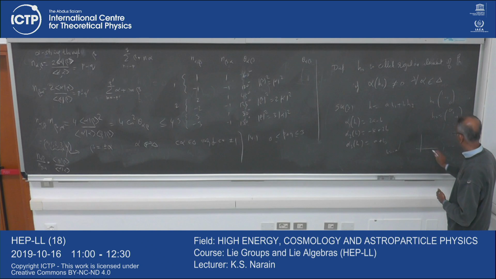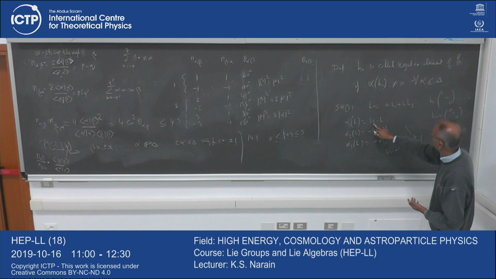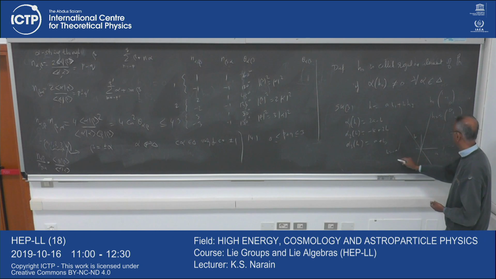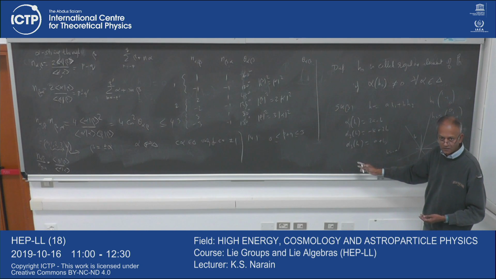If I draw A and B here, B equal to minus A is just one line here. B equal to 2A will be some line here, or A equal to 2B will be some line here. So only along these lines is one of the alphas 0.